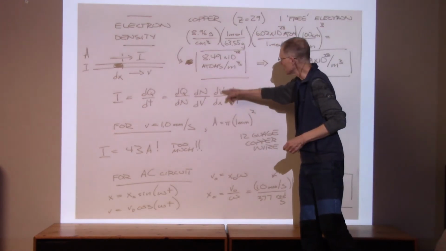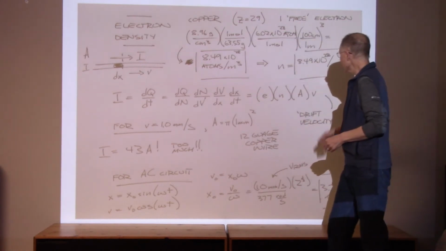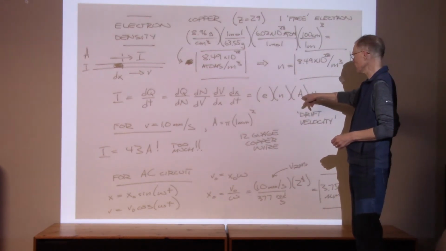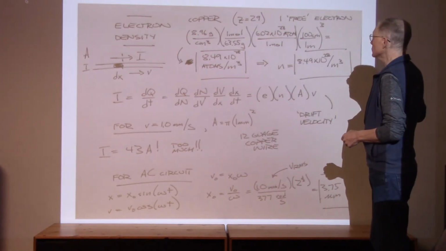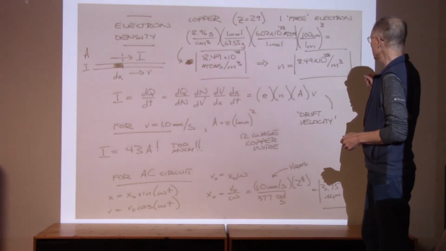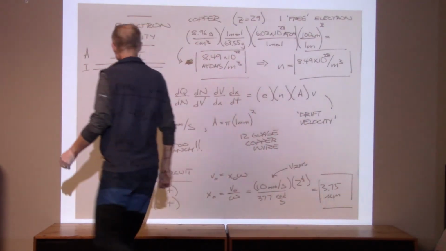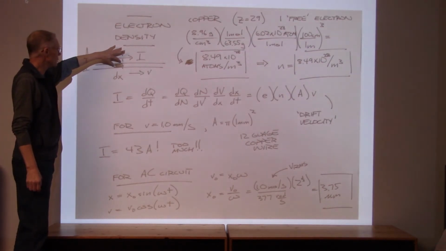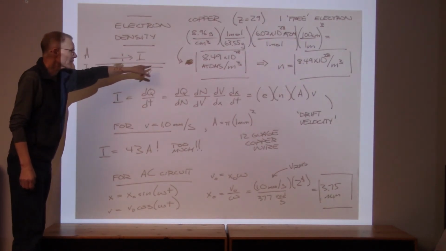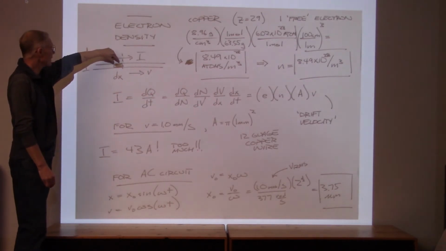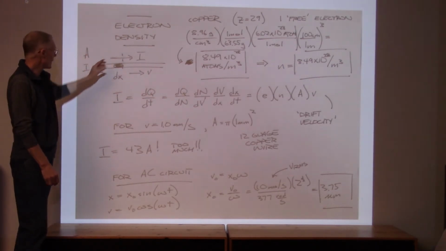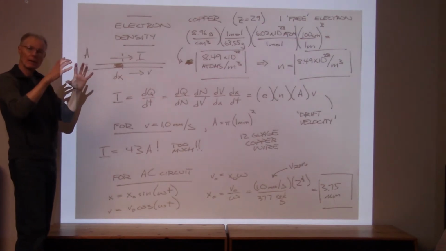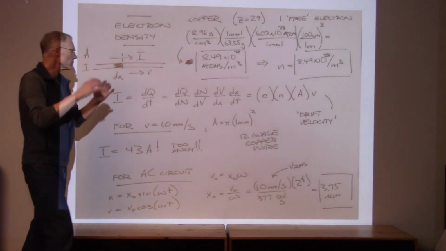The next ratio, dV/dx, is actually the cross-sectional area. If I look at that little piece right there, it has a certain volume, a little v, and these are big V's. The volume of that is dx times whatever the cross-sectional area is.